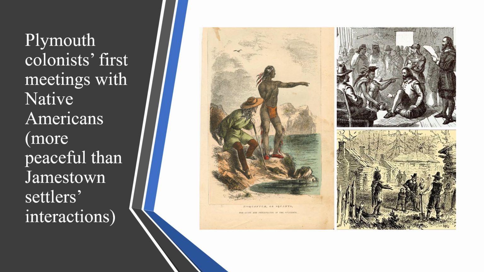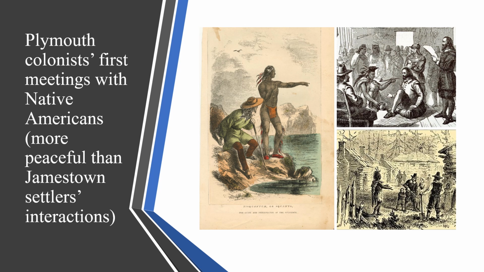The Plymouth colonists' relations with Native Americans, at least early on, stood in stark contrast to how the English colonists of Jamestown treated the indigenous people of Virginia. The Plymouth colonists wanted to have peace and did not wish to press the Indians to serve them or provide them with food and labor, as the Jamestown colonists had done.